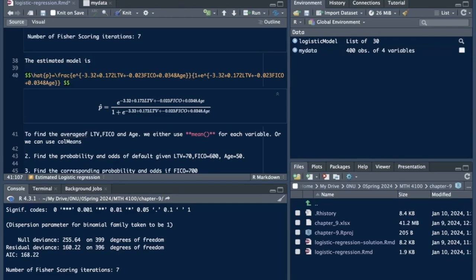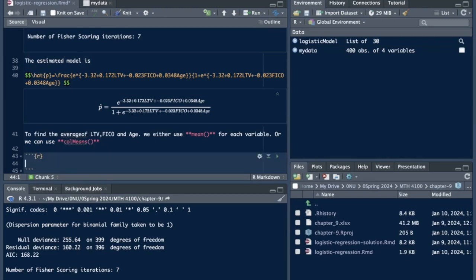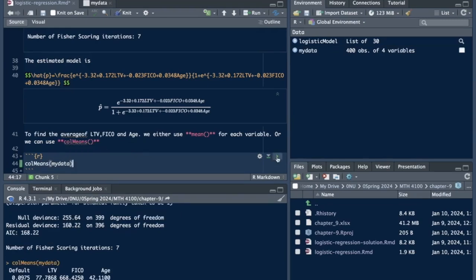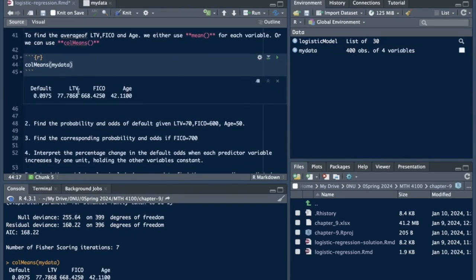Go to my data, look at the columns, and give me the mean for each column. So I'm going to make it easy with column means for my data. It gives the mean for all of the columns, including default. I don't care about the first one, but we care about the others.